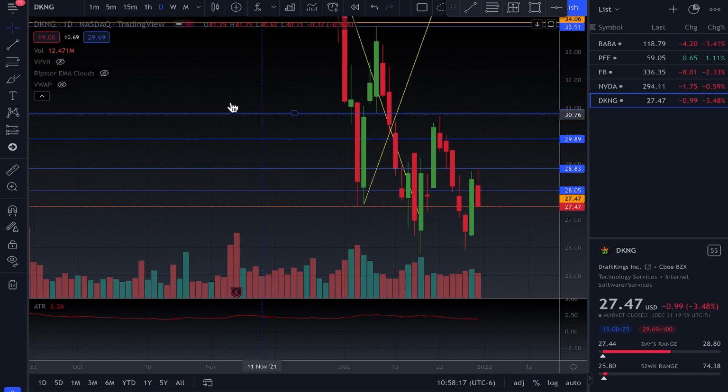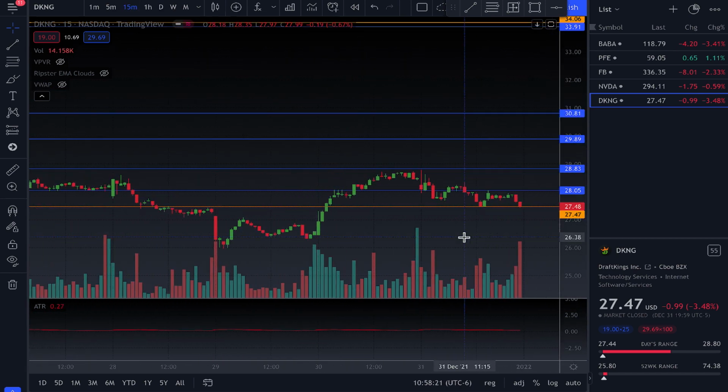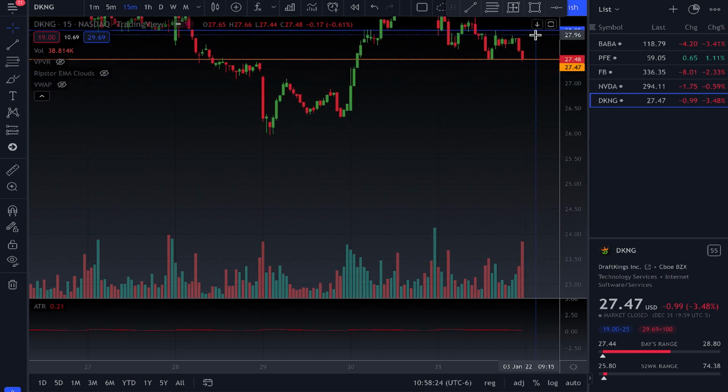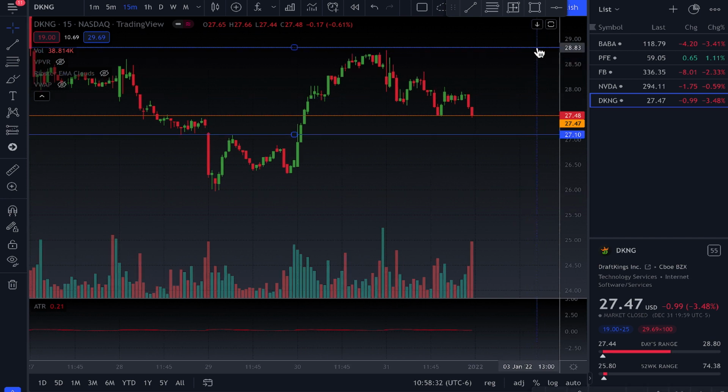So we want to pick something that's a little bit less than 50 cents. Actually, probably more around the 40-cent range. That would be very ideal. So here, it's almost exactly 40 cents. Perfect.